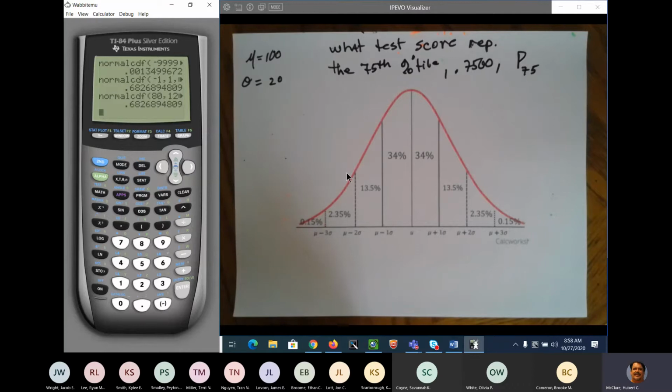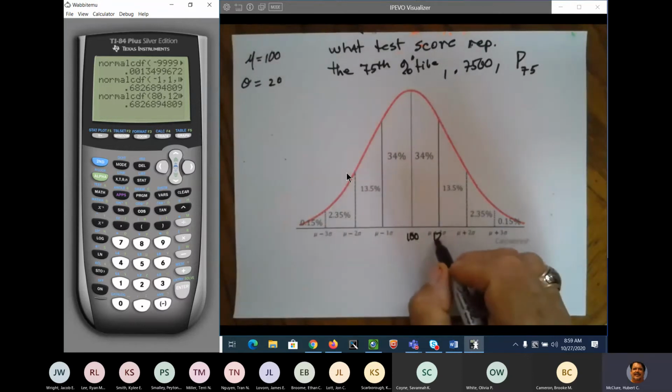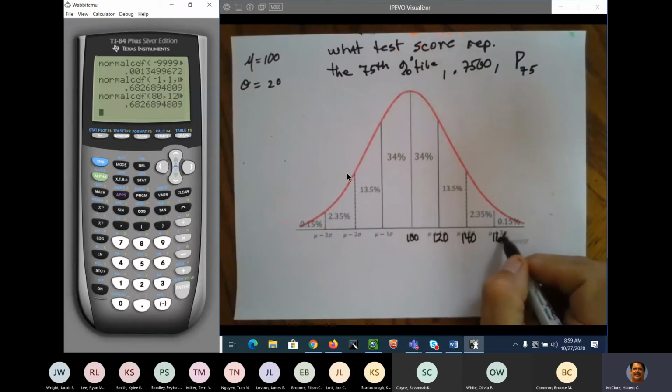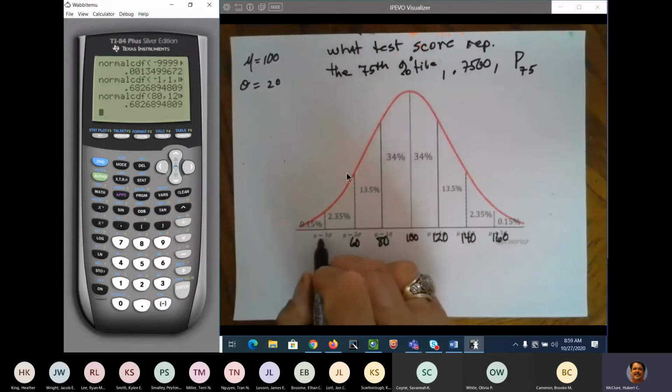Now, the first thing you're going to have to do is find the 75th percentile or draw it in there as best you can. Now, this is going to be 100, 120, 140, 160, 80, 60, 40.